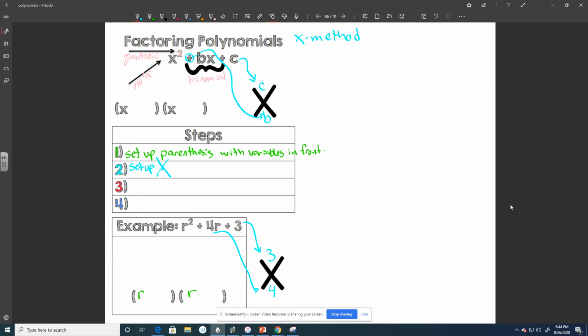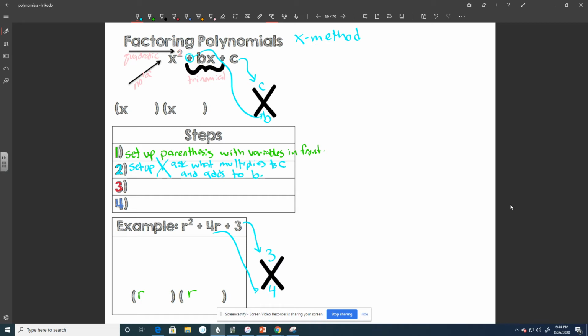I'm going to put 3 on top, 4 on bottom, and I'm going to ask, what multiplies to my c number and adds up to be my b number?